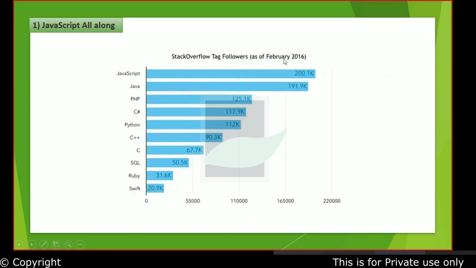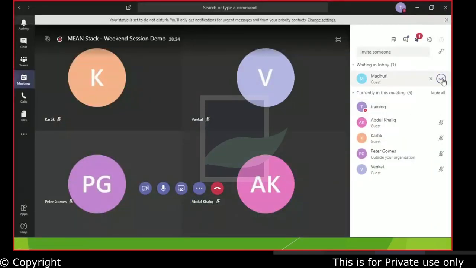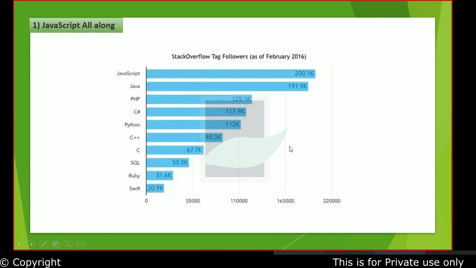It was a stat which was pulled in 2016. Today is 2019. So you have this stat which would be clearly different from what it was in 2016. So now there is a clear increase in the number of discussions happening on JavaScript. So this is one of the reasons why JavaScript is more famous.